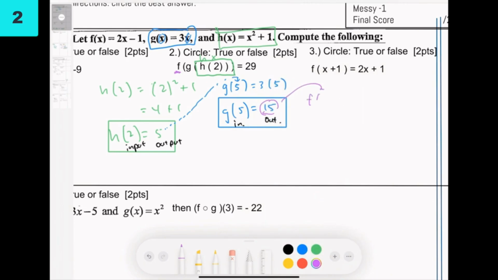So f of 15, and f is up here, 2x minus 1. So if you get stuck on that, you can just write it like that. 2 times 15 minus 1. 30 minus 1. I'm using PEMDAS to evaluate, so you get this as your answer. So the answer is 29. Do these match? Yes, they do. So that would be true.